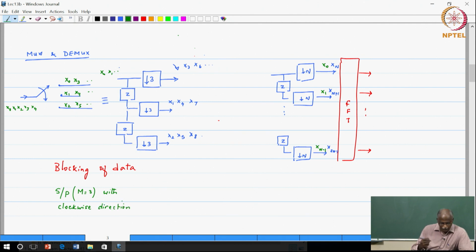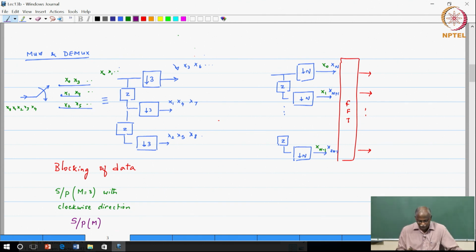There is a shorthand notation that we use, and it is good for you to keep in mind that if I write down SPM, then it refers to this structure with M channels. So, serial to parallel converter in the conventional way of blocking of data, that is x0, x1, x2, x3, x4 and so on, this would be the structure that would be used.